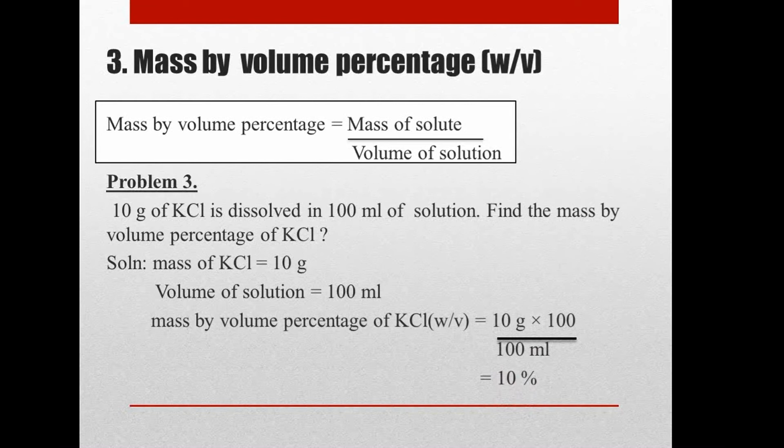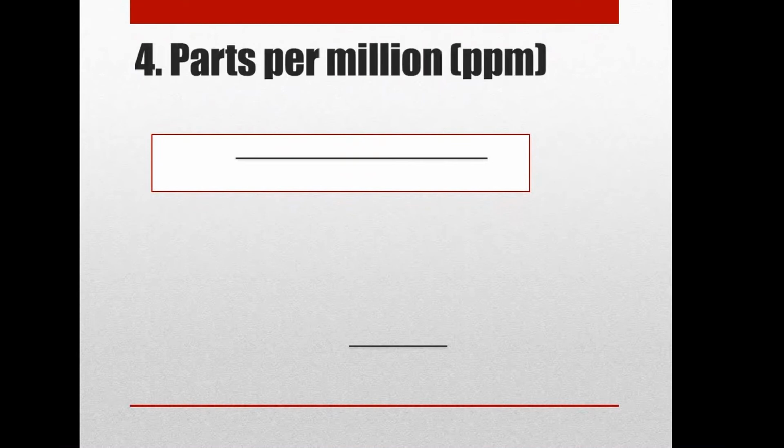So this is one of the methods that is basically preferred in chemistry as far as the solution chapter is concerned. Now another quantitative method is the parts per million. Now this is very interesting because when a solute is present in a very minute amount, then concentration is basically expressed in parts per million.